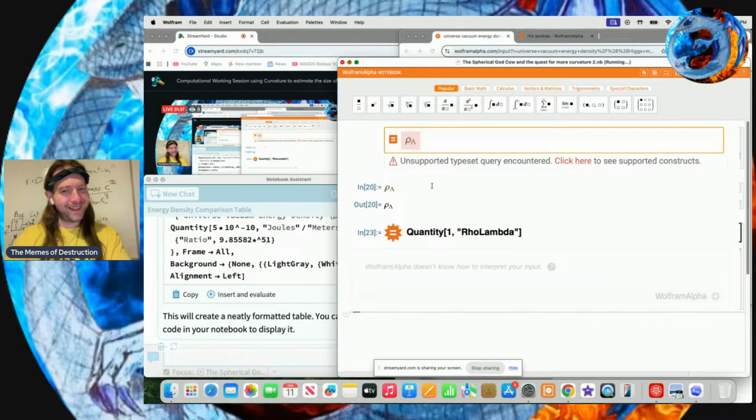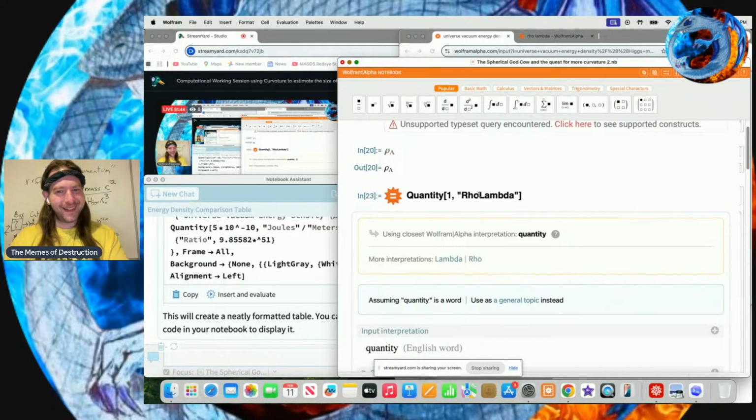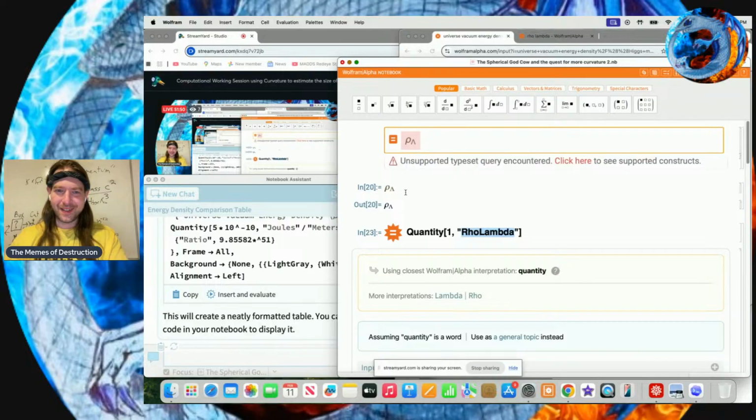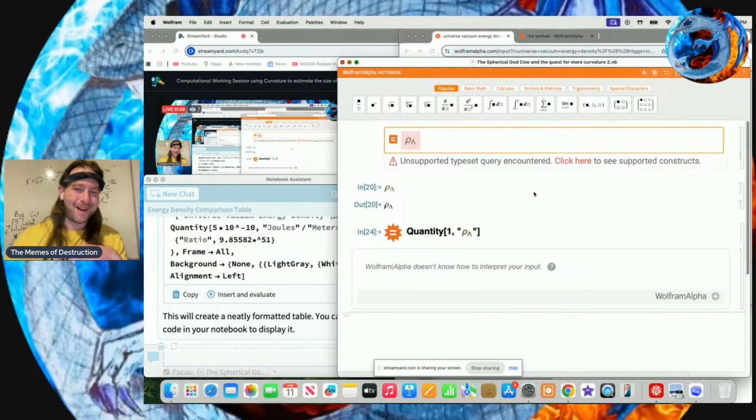Because I know it has it. I just typeset. Oh, lambda. Wow. Wait, can I just take this? Let's just throw it in there. Let's go. We got some quotation marks. Will that fix things? No, it doesn't know.